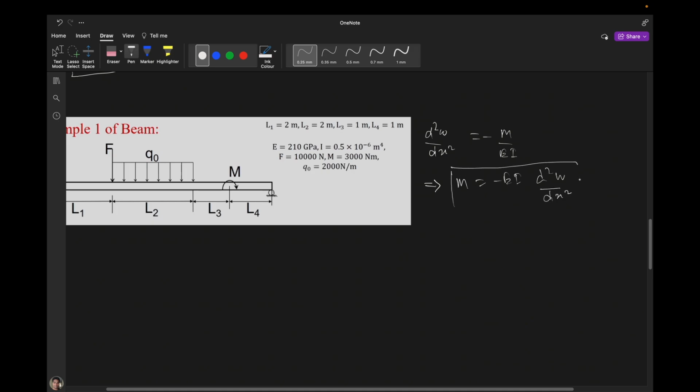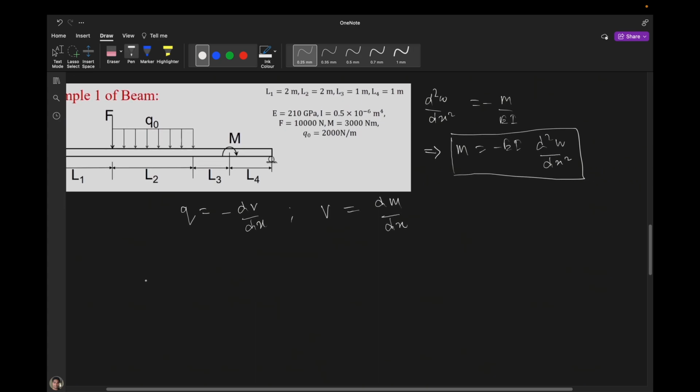So this is the moment equation we use. And we also know that q equal to minus dV by dx, and also V equal to dM by dx.